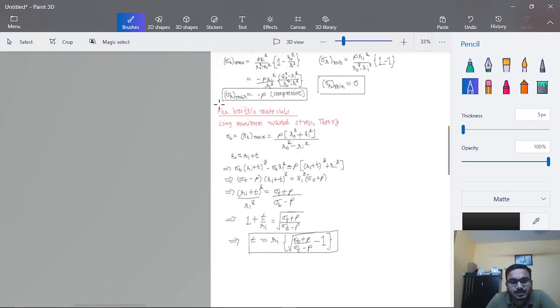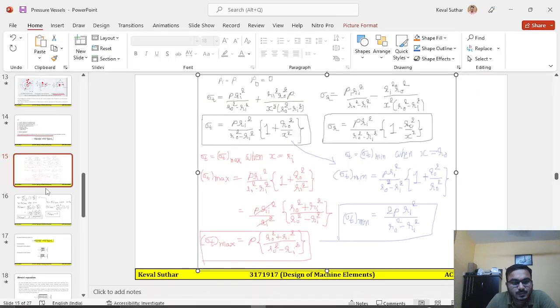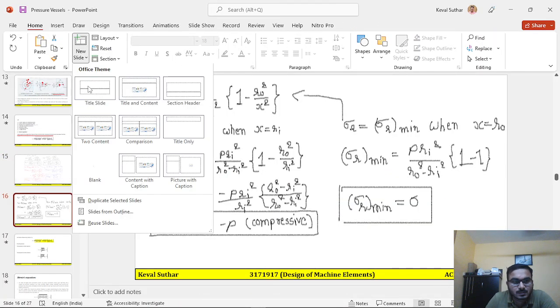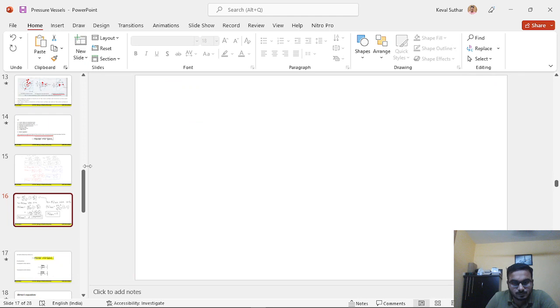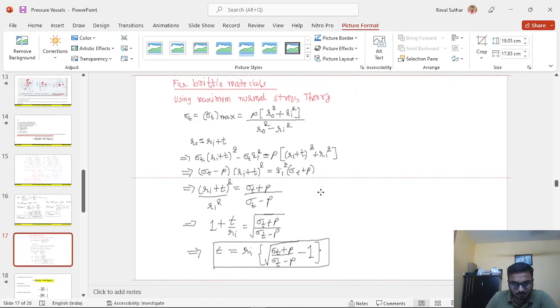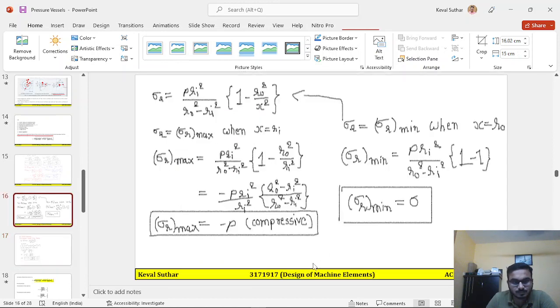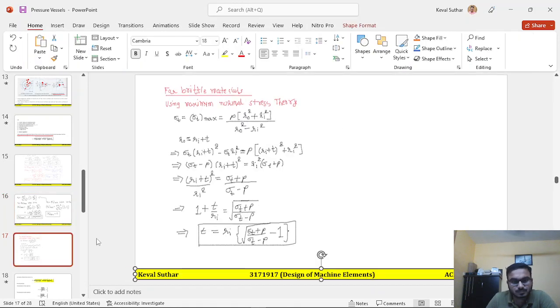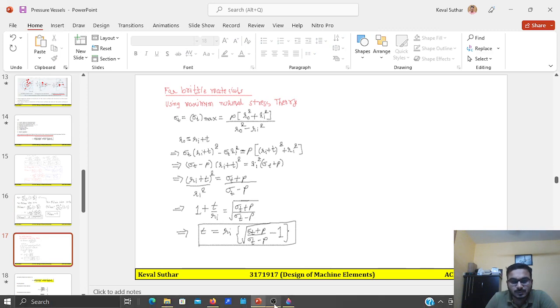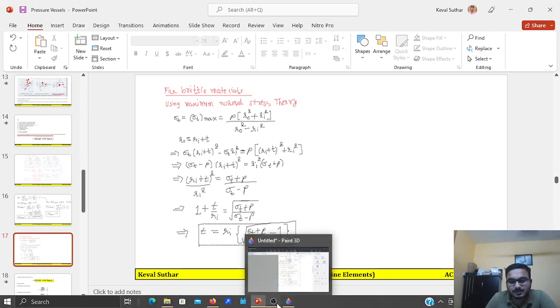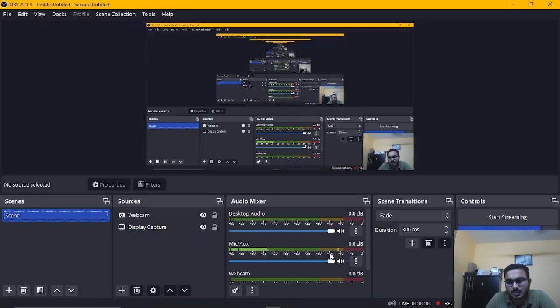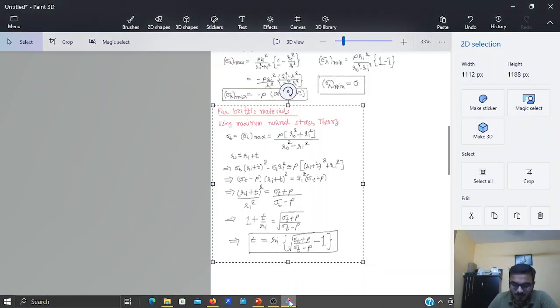So now we can copy this. Now we will follow the same thing again for ductile materials.